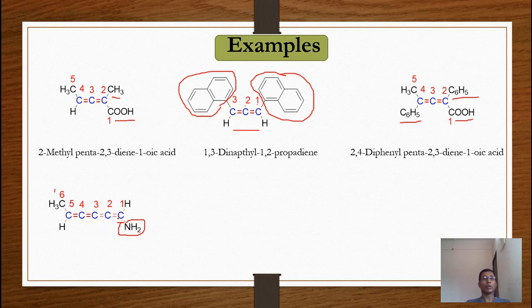In this molecule 6 carbon atoms are present, hence the parent alkane is hexane, and 4 double bonds are present. These double bonds are present at position 1, 2, 3 and 4. Thus, the molecule is 1,2,3,4-hexatetraene. The IUPAC name of this molecule is 1-amino-1,2,3,4-hexatetraene.